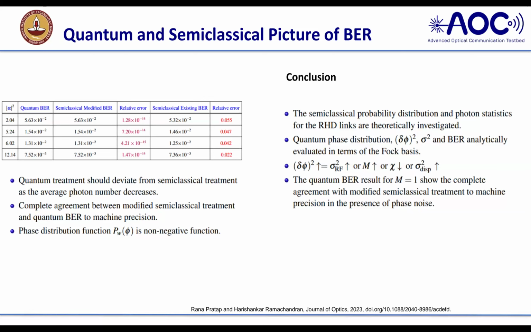A squeezed coherent state we cannot solve by the semi-classical picture. Why? Because there is a P alpha, whatever I have discussed, and that P alpha takes a negative value. And the semi-classical picture will never discuss negative values of P alpha, so how can it be solved?